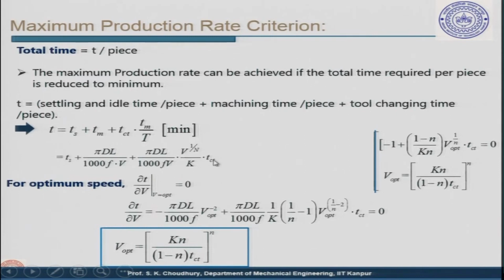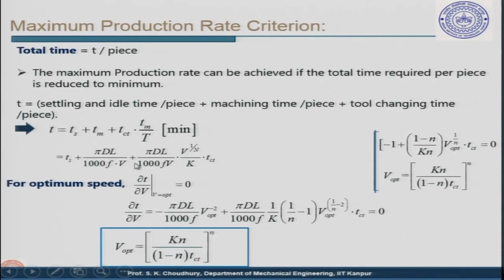That multiplied by the Tct, tool changing time, gives the tool changing time per piece, okay, because mind it, Tct is the tool changing time we said, and per piece it will be multiplied by this frequency of tool changing.